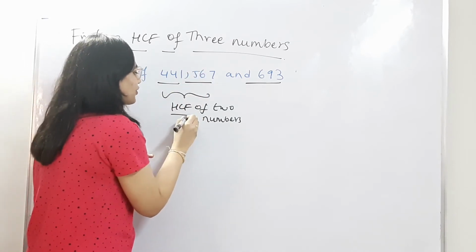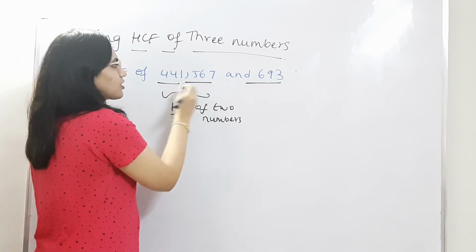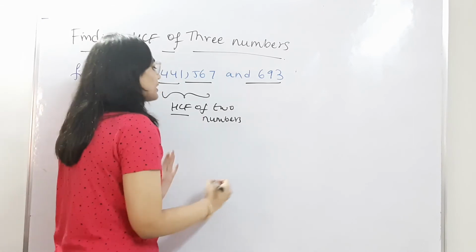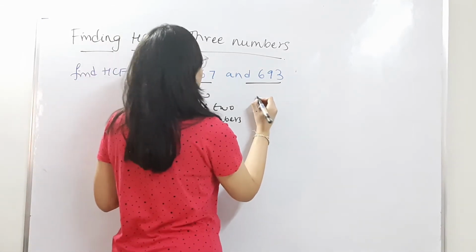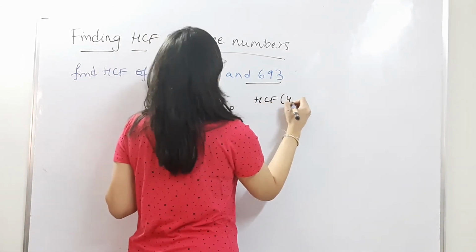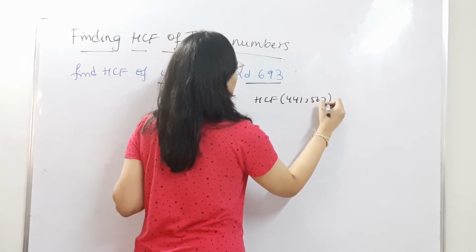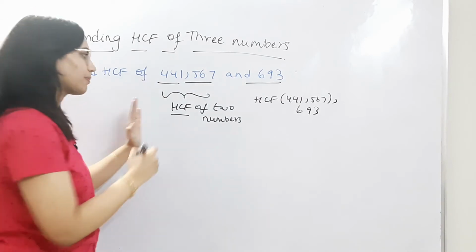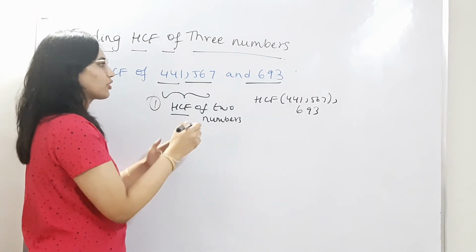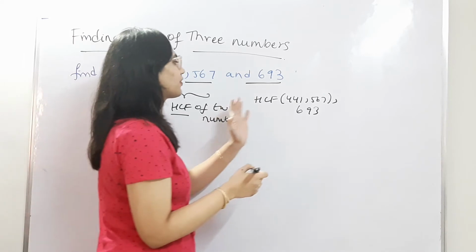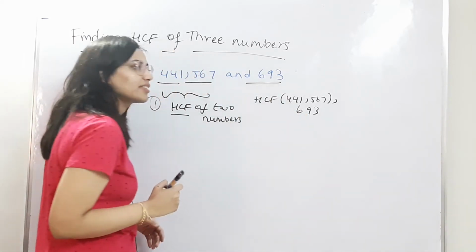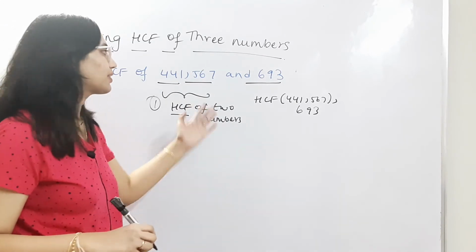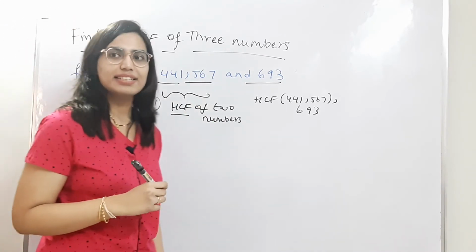After you get the HCF of these 2 numbers, for example 441 and 567, you will again apply HCF on the HCF of that result, comma 693. That means first we'll find this as the first step. If at all we get the result as 60 here, we'll find the HCF of 60 and 693, the remaining number. That's how we'll be able to find the HCF of three numbers.